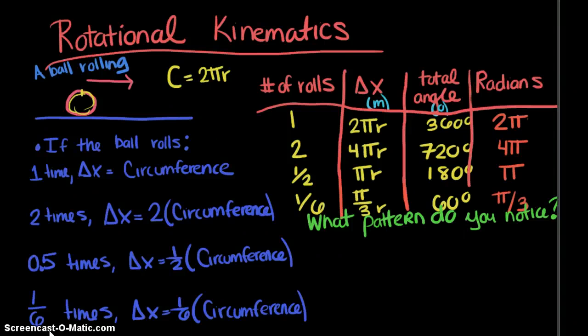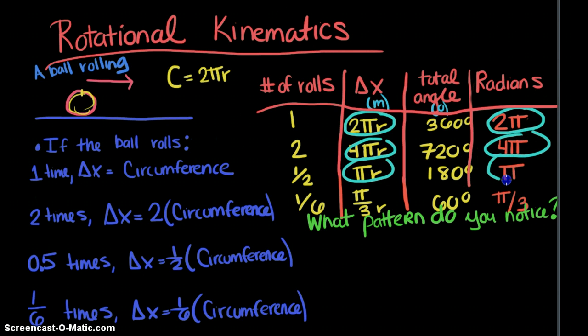Once you calculate the rotation in radians, it becomes pretty easy to see that when we take a look at our delta x value and compare it to this column over here, we notice something pretty impressive about the relationship between the linear displacement and the angle that the object moved through.